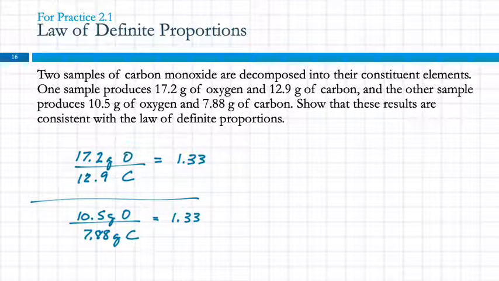The digits after that are different. This is 1.33248731. But based on the precision with which these measurements are made, those ratios are the same. The ratios are the same because it's the same compound. Any questions?